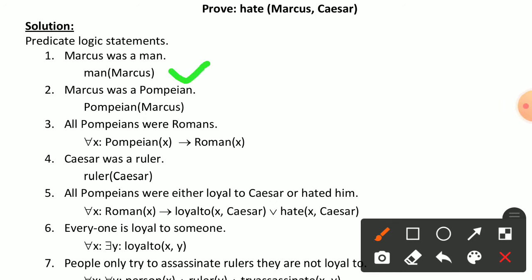By using predicate logic, we can write man in bracket Marcus. This is the solution of simple sentences to predicate logic conversion. Second sentence is Marcus was a Pompeian. So we can write Pompeian in bracket Marcus.